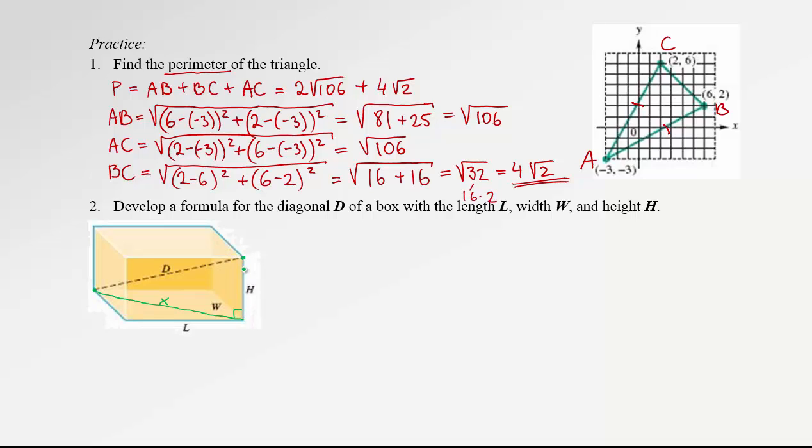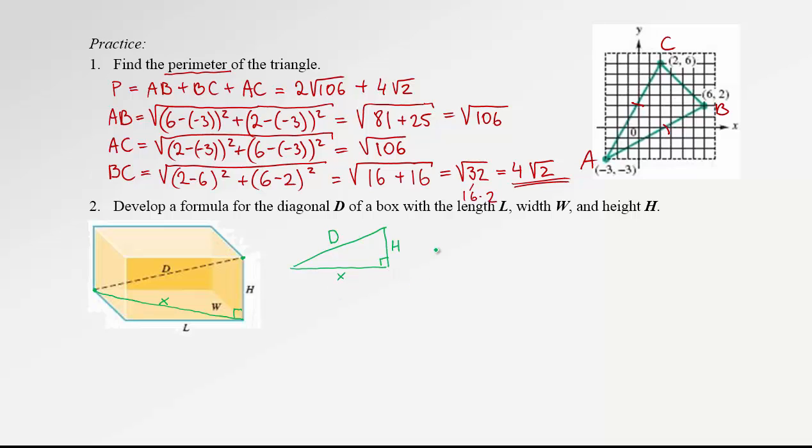Well, because this edge is perpendicular to the base. So no matter what line we draw in the base, the angle between this line and H will always be perpendicular. Okay, so we know that this triangle is a right triangle. We can redraw it on the side to see it better. This is our H, that's X, and this is diagonal D.